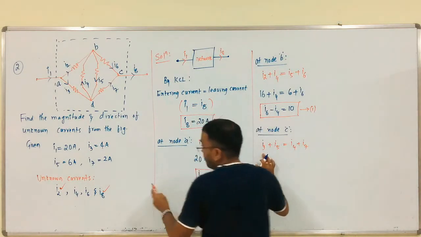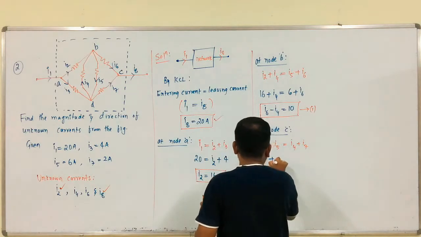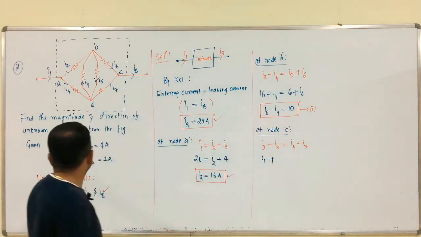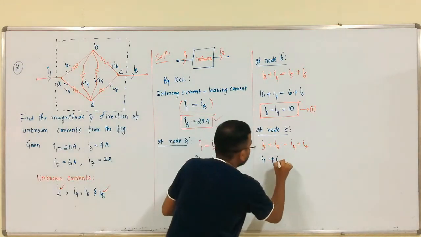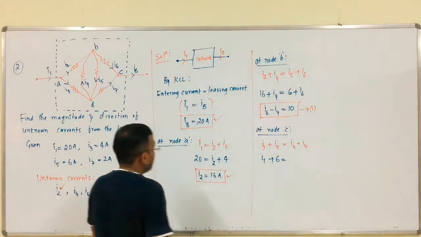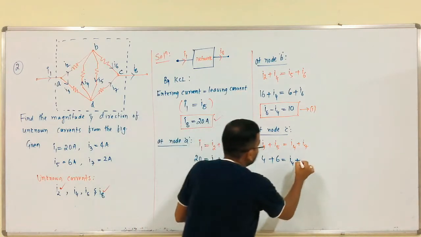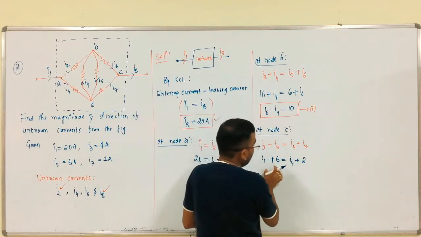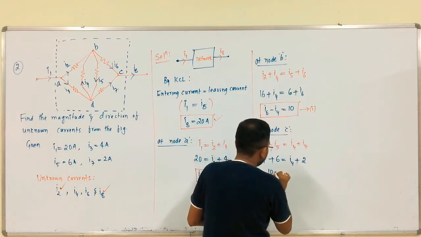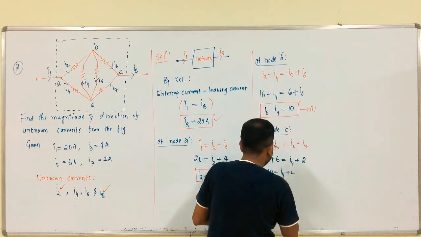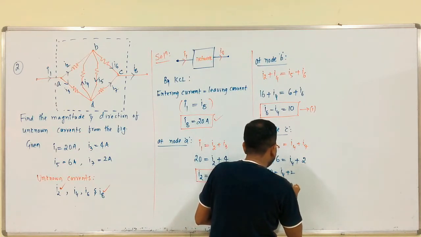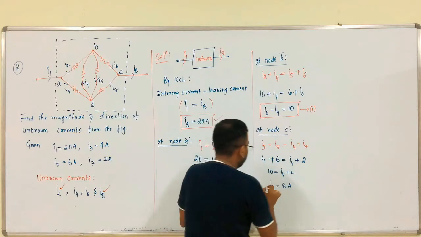I3 is given as 4 plus I5 is given as 6, which is equal to I4, which we do not know, plus the value of I7, which is 2. So from this, 10 is equal to I4 plus 2. So I4 is equal to 8 amps.